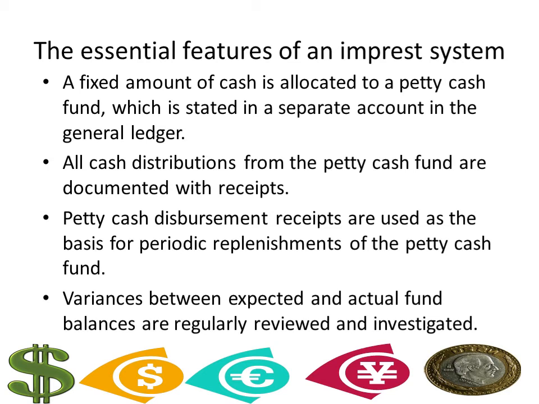Petty cash disbursement receipts are used as the basis for periodic replenishment of the petty cash fund, and variances between expected and actual balance are regularly reviewed and investigated. So take note, we usually use the investigations to determine if there is some pilferage or some use of the petty cash fund for personal use other than the business.